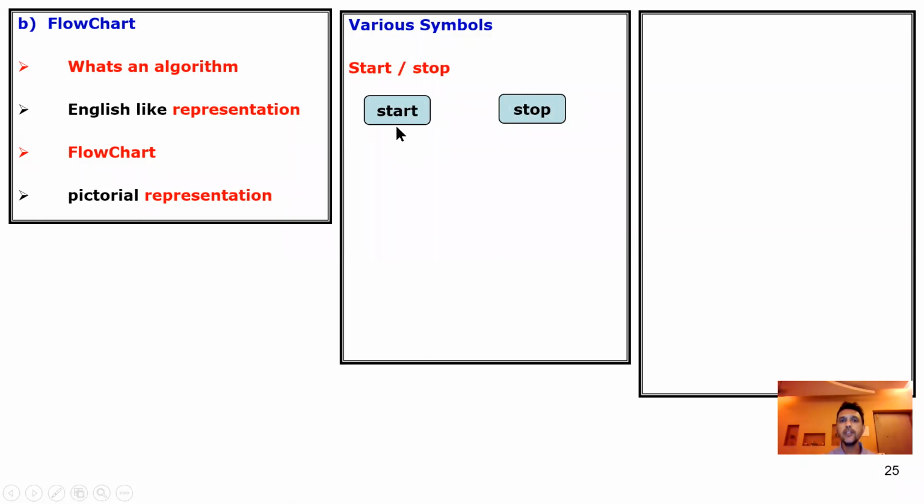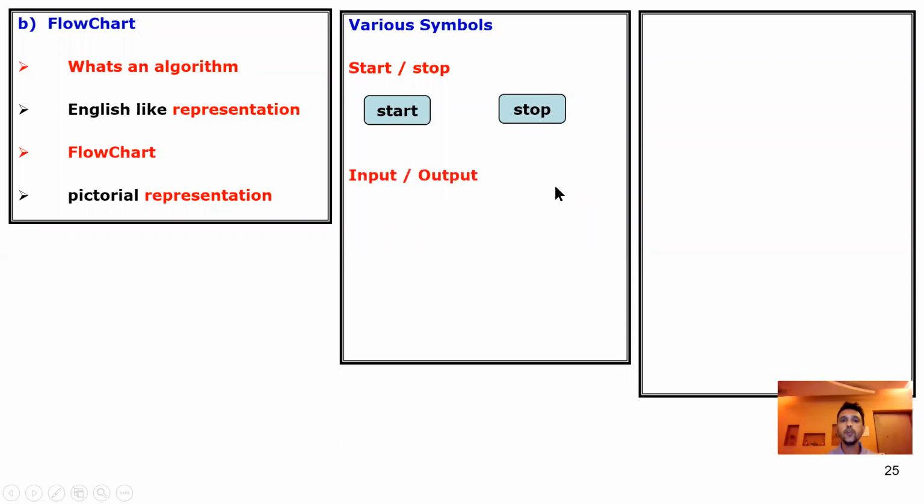A flat oval is basically a rectangle whose corners are rounded. If you see carefully over here, the corners are rounded. So for start and stop, we'll use flat oval, also called rounded rectangle.